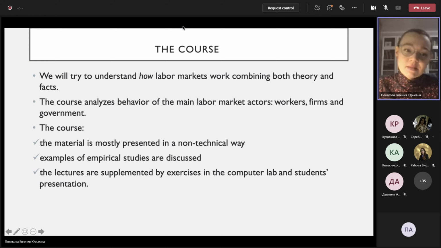We discuss some empirical studies during our empirical seminars. We have 2 seminars based on empirical methods that you can use not only in labor economics, but in other studies too.